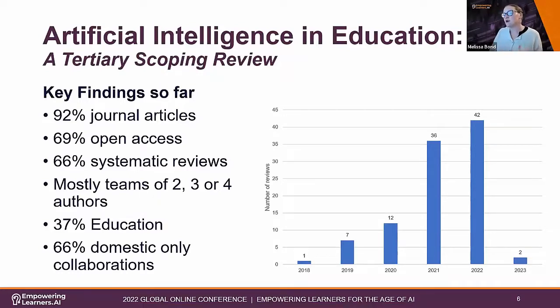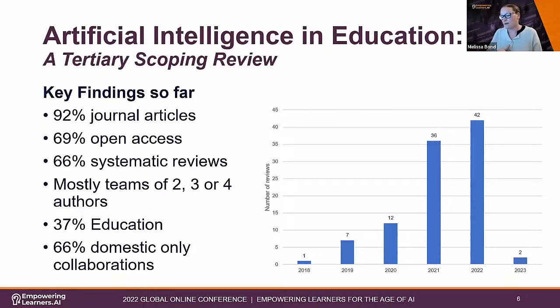I also found it quite interesting that 66% of the reviews that we've coded so far are domestic only. Now that means that it could be 2 or more authors from the same country collaborating together. They may or may not be at the same institution, but they're certainly located within the same country.